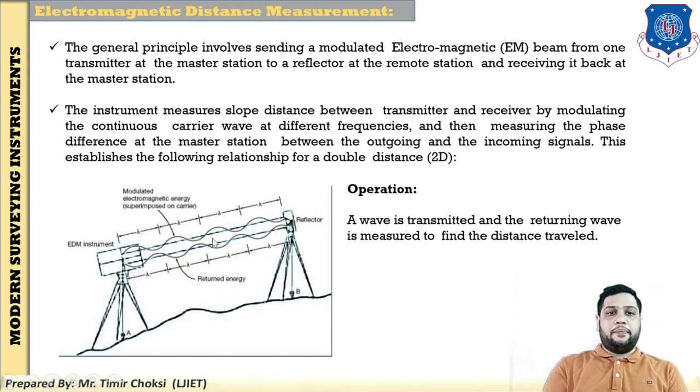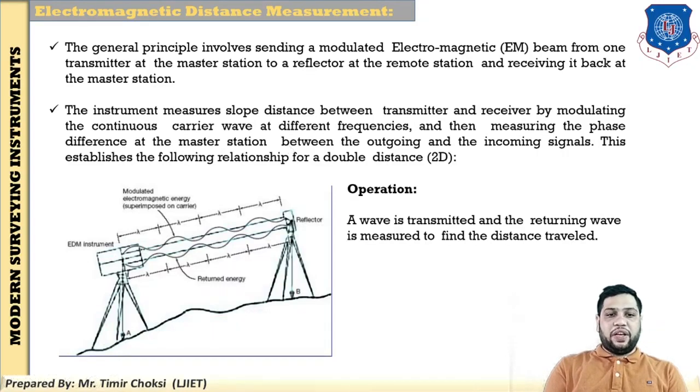So this is the general principle of the electromagnetic distance measurement instrument, meaning EDM. Now the instrument measures the slope distance between transmitter and receiver by modulating continuous carrier waves at different frequencies and measuring the phase difference at the master station between the outgoing and the incoming signal.